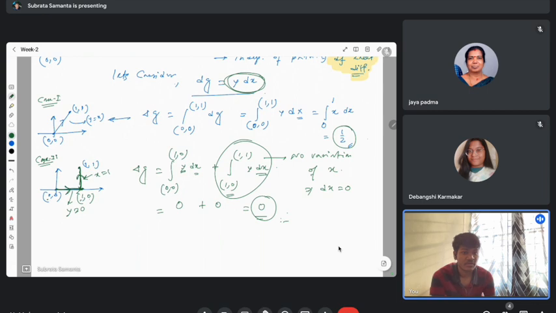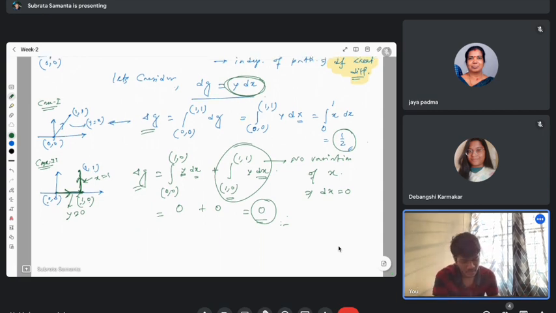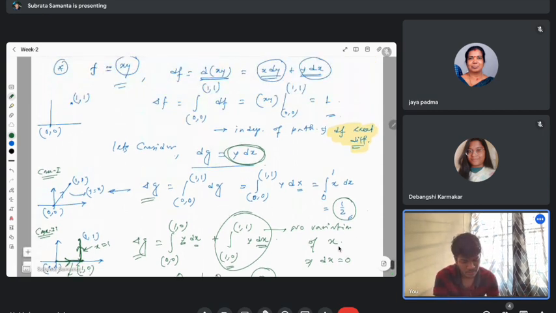This is not a function of state. But df is a function of state.